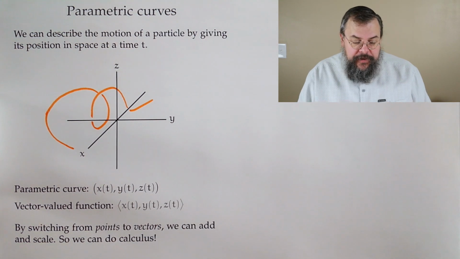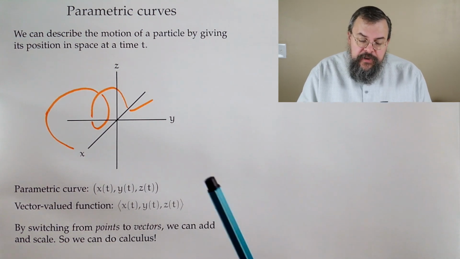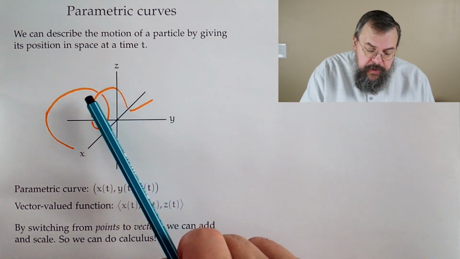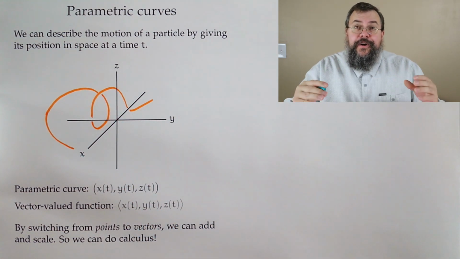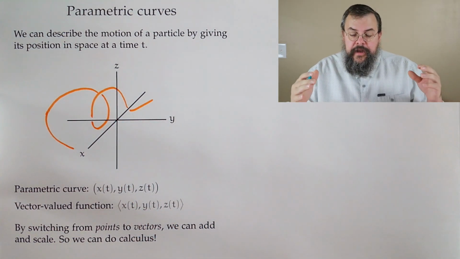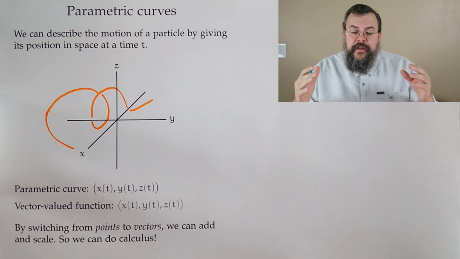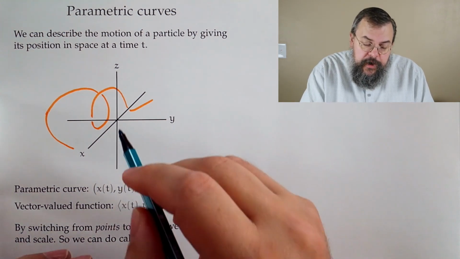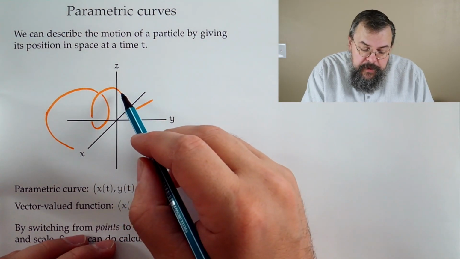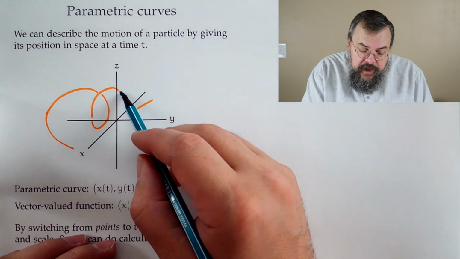So what's our picture we have in mind? We have some curve moving through space, and it's doing all sorts of things. It can move around in all sorts of ways. And what we think of happening is that there's some parameter, time. So we have our particle. Maybe our particle is here.